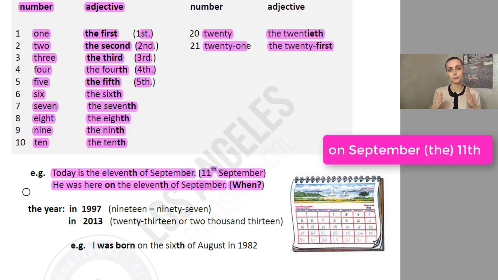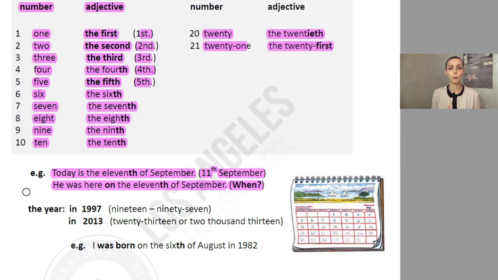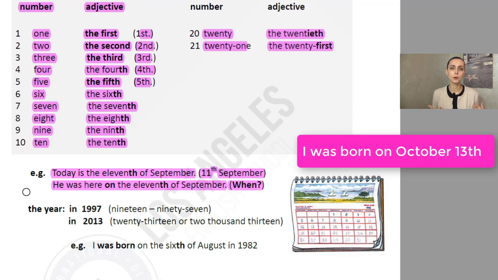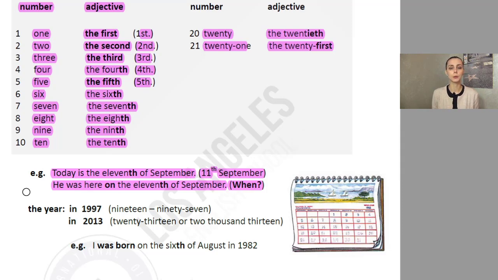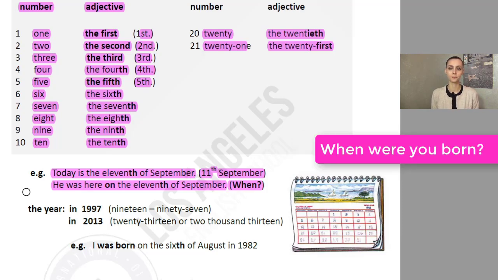So on September 11th. You could also say on September the 11th, but the is not necessary. So when were you born? I was born on October 13th. Try to use this option. When were you born?